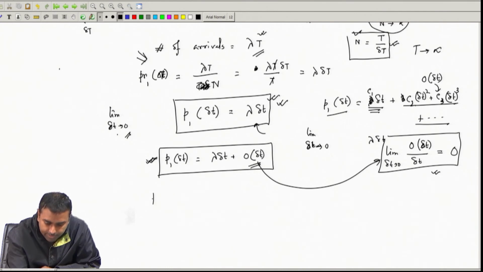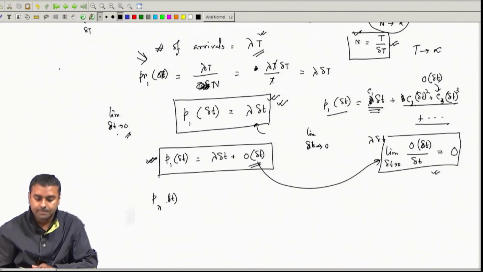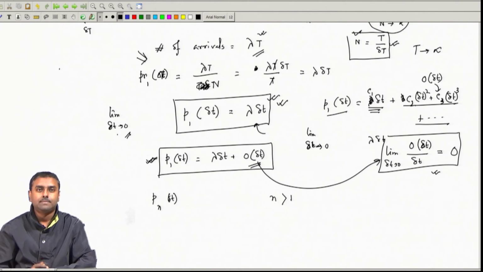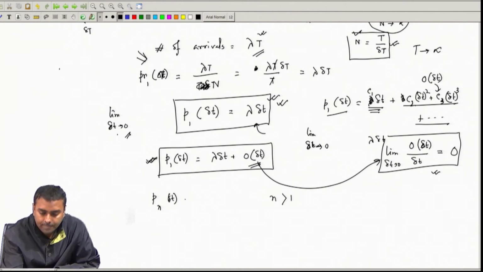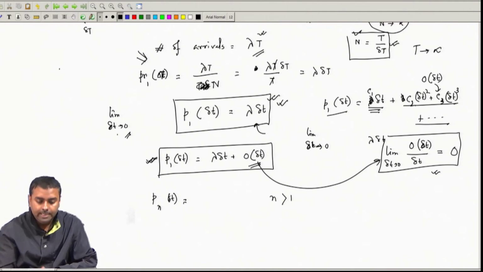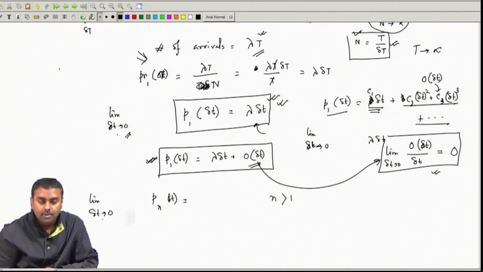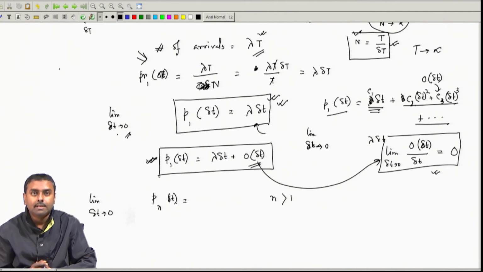Now, let us try to define what is the probability P n delta t, where n is anything greater than 1. It might be 2, it might be 3, it might be 4. In general, if I put this limit delta t tends to 0, where will it go? What is P n delta t?